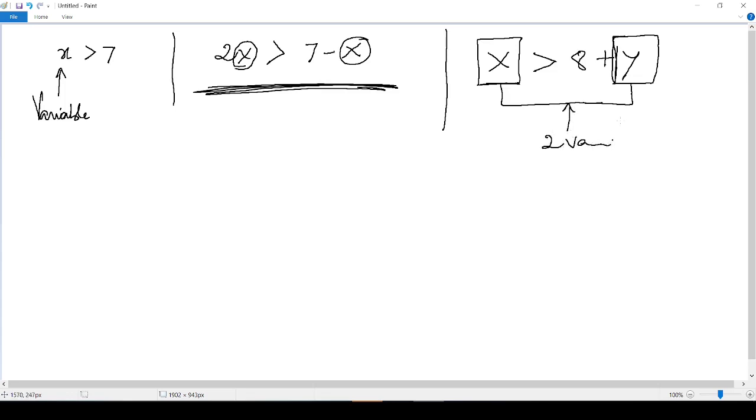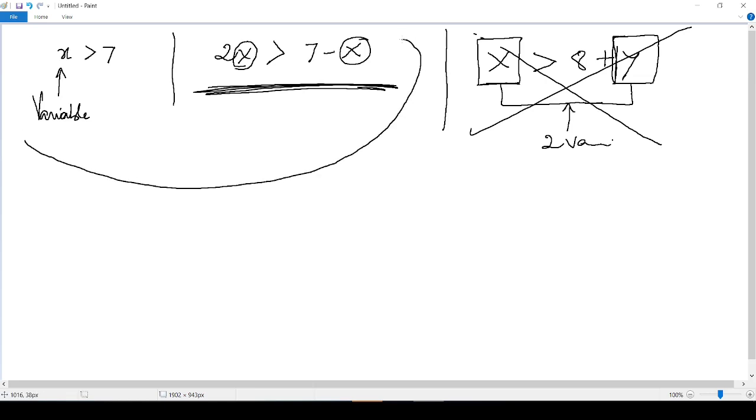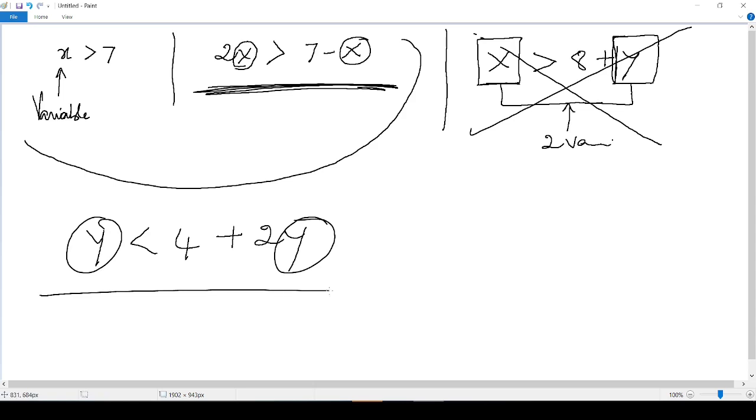And for now, we are not talking about two variables, so we will not be seeing this. We will only be dealing with inequalities with one variable. So if I say y less than 4 plus 2y, I have y and y and y, they are the same. So this is an inequality in one variable.